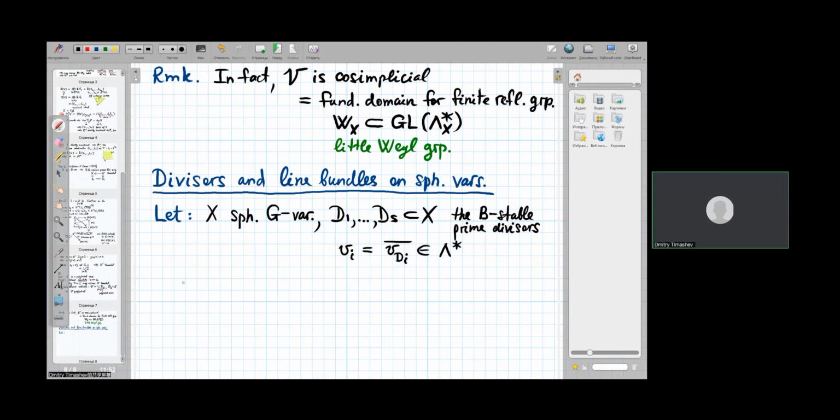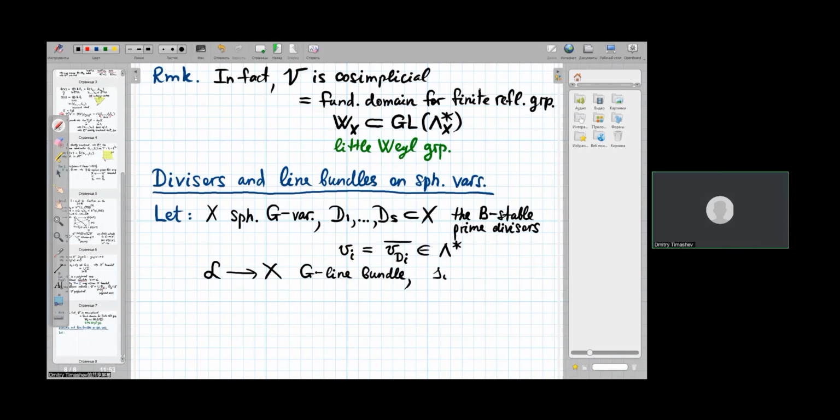Now let's consider a G-line bundle over X. So let L be a G-line bundle, a line bundle equipped with the action of G lifted from the action on X. Then we have the space of sections of this line bundle, and this space of sections is a G-module. And let us choose an arbitrary highest weight vector in this G-module.